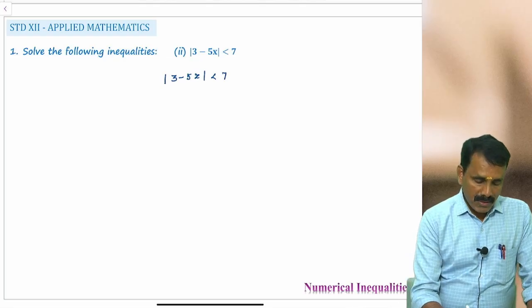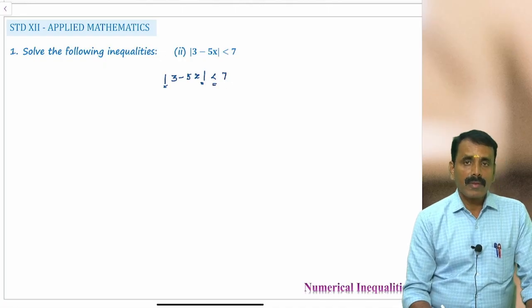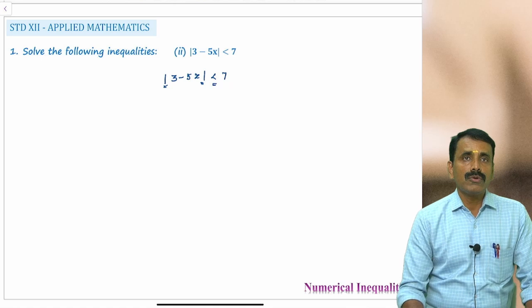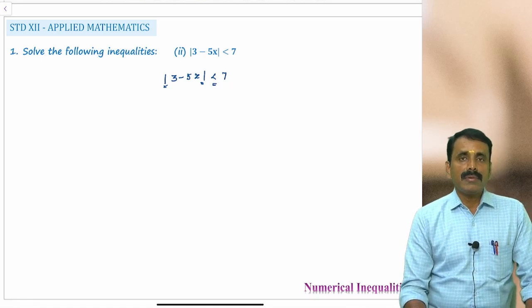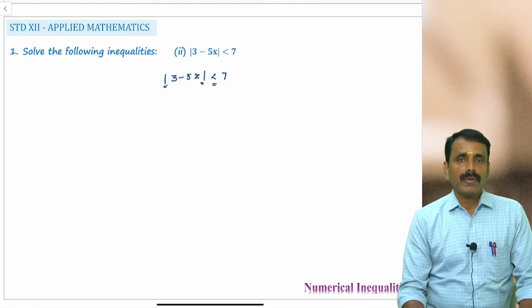One, we are having modulus. The second, we are having the less than symbol, and the third, we are having a positive number on the right hand side. So we can find the solution for this inequality. Because it is a less than symbol, the answer will be a bounded solution.